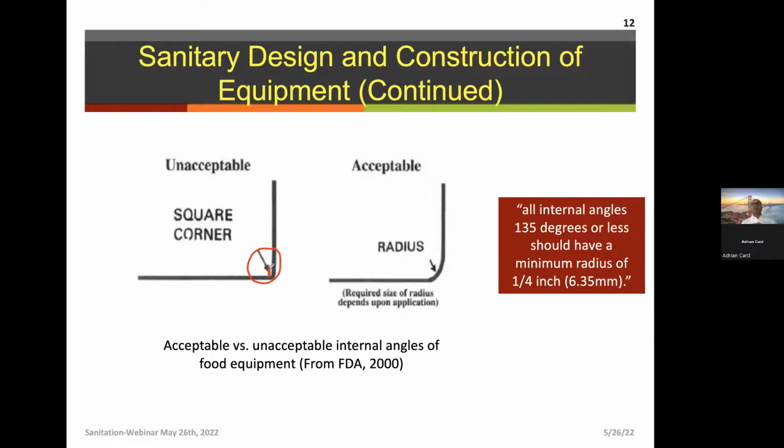What is considered adequate design is one that has internal angles of 135 degrees or less. That way, anytime there is proper sanitation going on, it is less likely for anything to accumulate here, okay? And of course, if we're going to swab any of these areas, what we find here versus here is going to be significantly different.